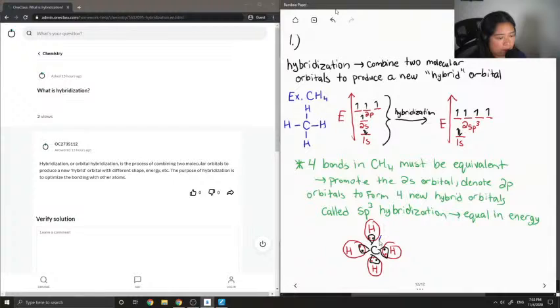So when you have an overlap that looks like it's a head-on overlap, these are called sigma bonds.